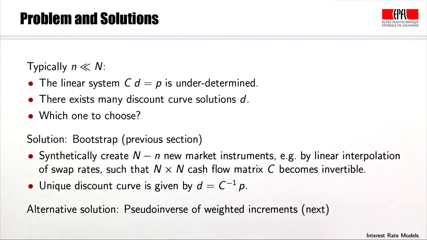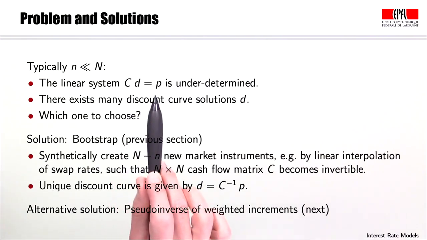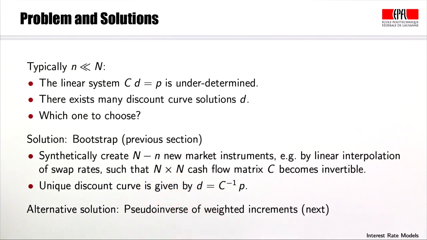The extended market data then gave us a capital N by capital N cash flow matrix that was invertible. And so we could solve for the unique discount curve in that case. Bootstrapping is one possibility to deal with the issue of an underdetermined linear system.